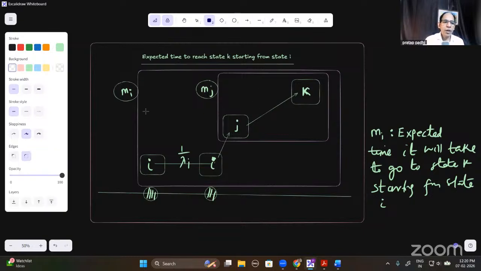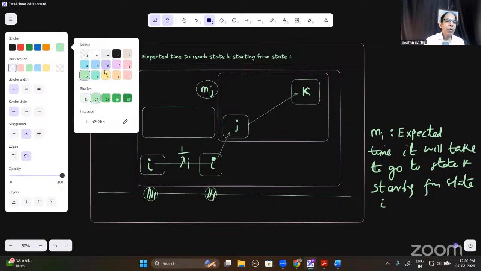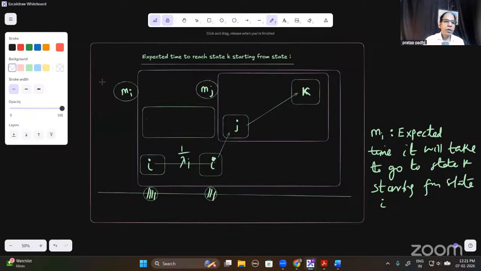Let me write here. My Mi will be equal to the time, first of all, my average waiting time, because the waiting time follows an exponential distribution with parameter lambda I, plus, if I leave I, what is the probability that I will go to J?